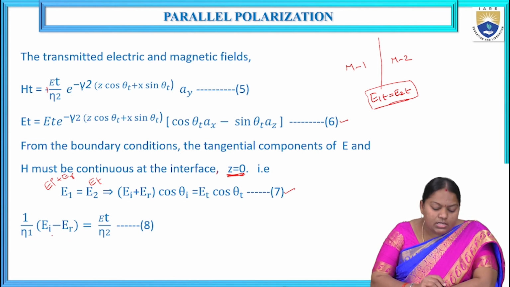So 1 by eta 1 into EI minus ER equal to ET by eta 2.